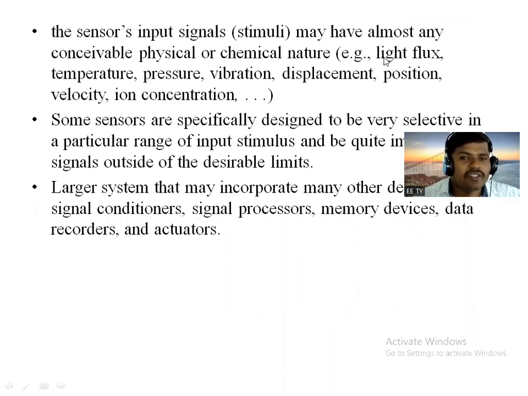Light flux is an example of a stimulus. Suppose we want to sense light, so light flux is nothing but light radiation. Similarly, temperature, pressure, vibration, displacement, position, velocity, as well as ion concentration. So these are some stimuli that can be sensed by the sensor.